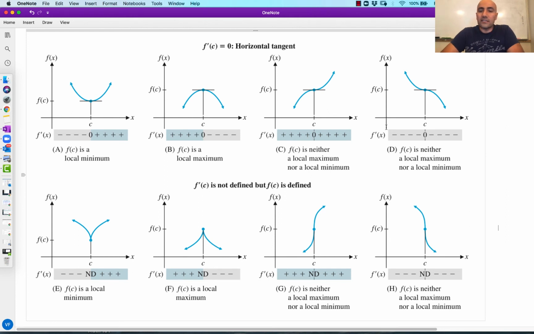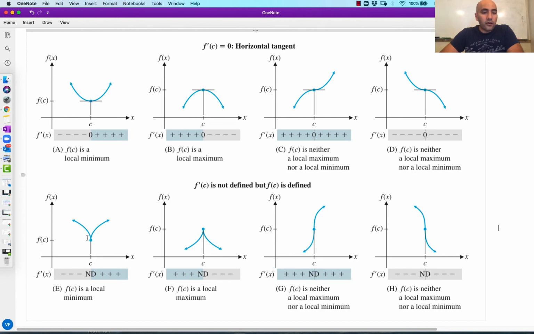Right? All these cases up here were the cases where f prime of c equals 0. Therefore, c qualified as a critical value. Well, we were given that c was a critical value, therefore f of c is defined. So f prime of c is undefined, but f of c is defined, which means that c gets to be a critical value.